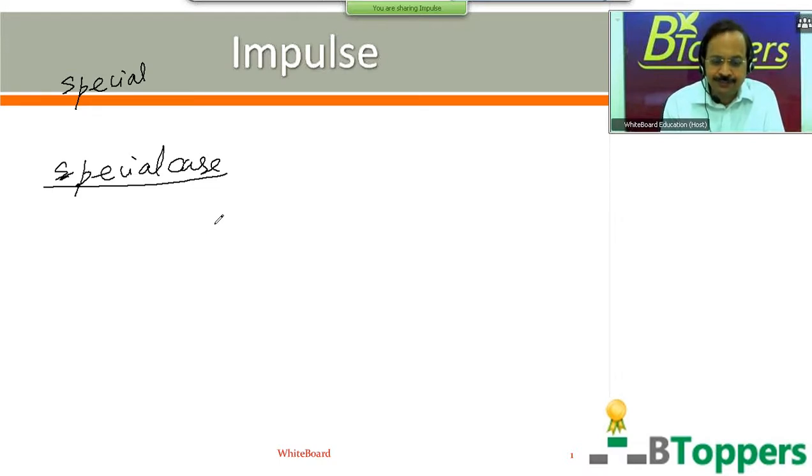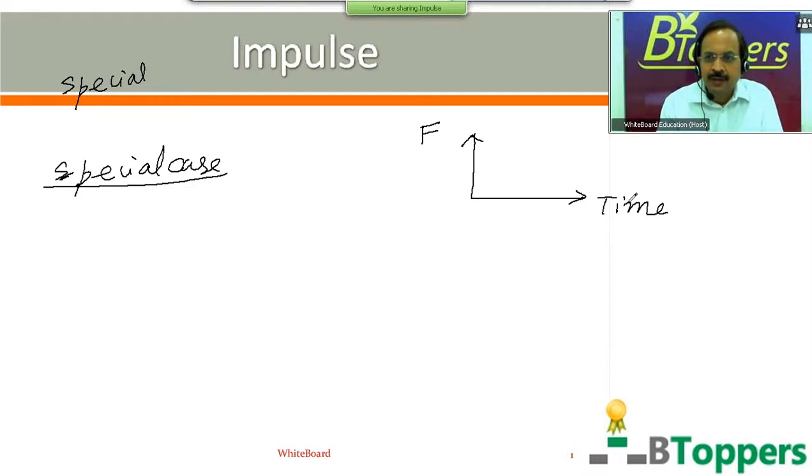Then you can show it by a graph. But in the general case, if you draw a graph for the impulsive force acting on the body, with the magnitude of the impulsive force along the y-axis and time interval along the x-axis, we consider the simpler situation where the body is in one-dimensional motion.